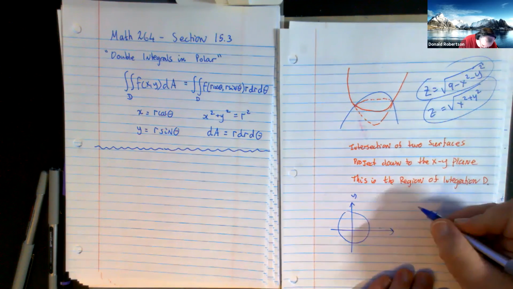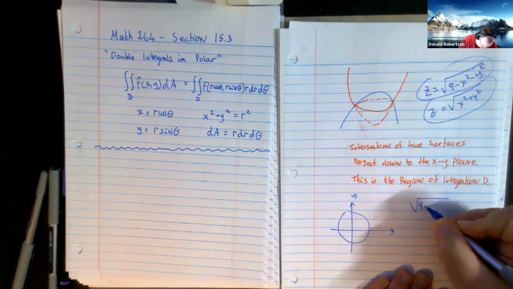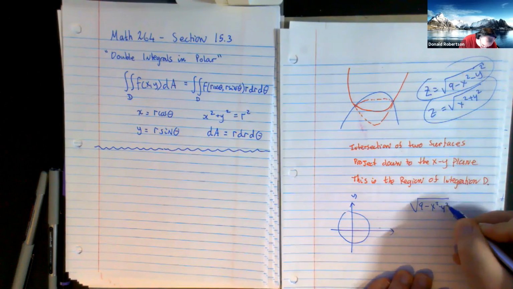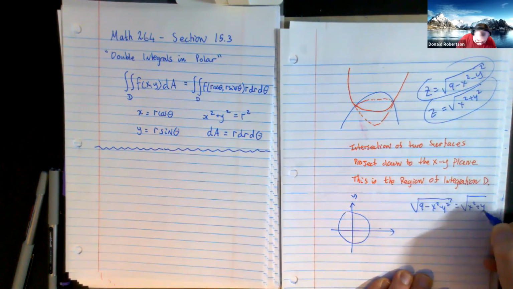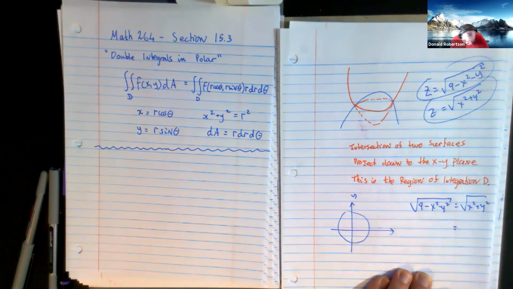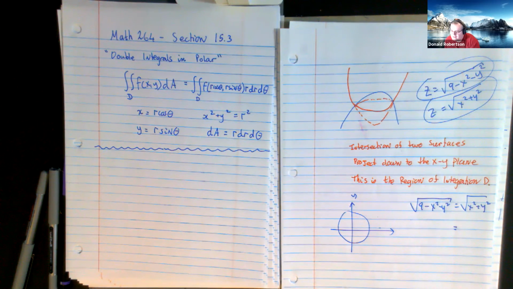So I'm going to set this equal to this. And I'm going to do one of my favorite techniques for solving equations, and that is, as long as you do it to both sides, it's okay rule. So I'm going to square both sides.